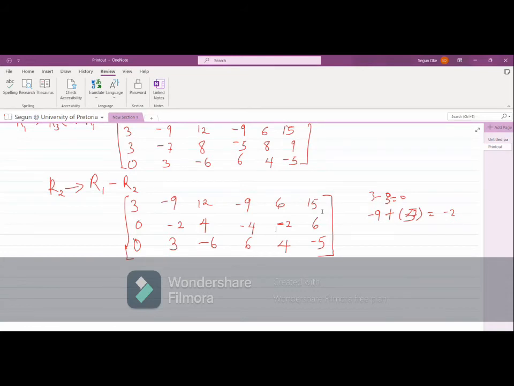I'm waiting for us, or should I leave it for us to go and solve? Sir, I think row 3 will be 2 row 3 plus 3 row 2, sir. Okay, maybe I should help us. Let's deal with row 2 first, all of us.